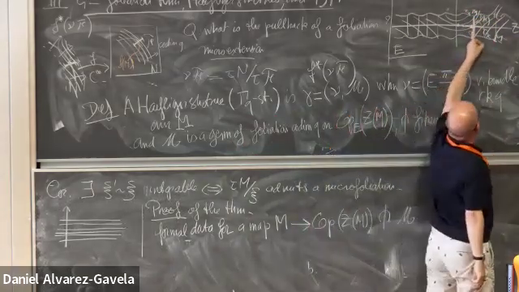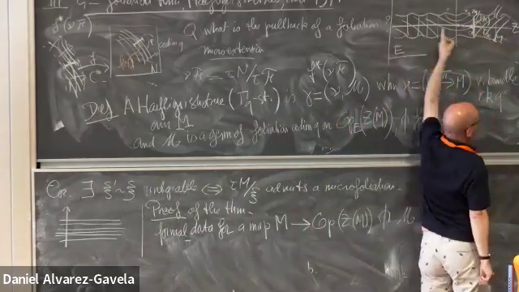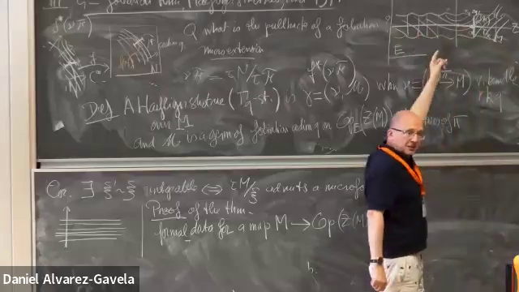That is a subspace of the tangent space to this neighborhood of the zero section.